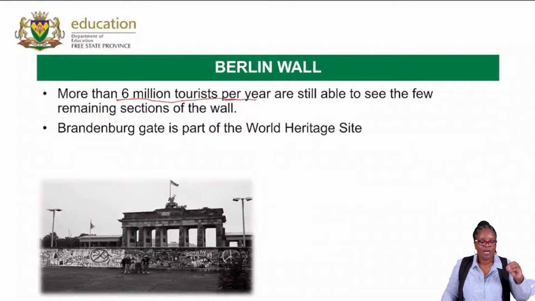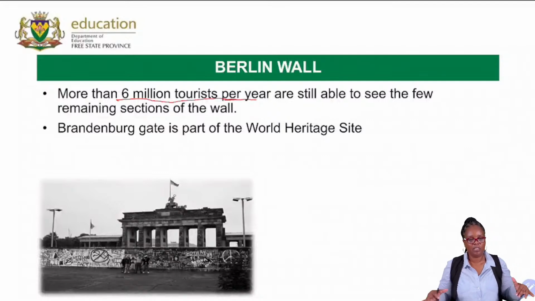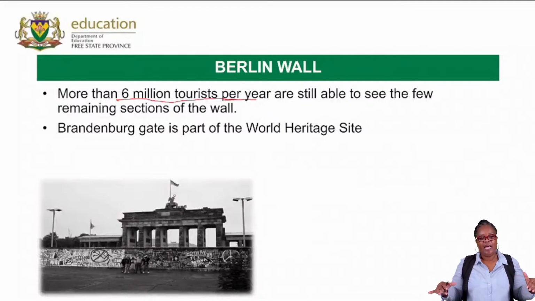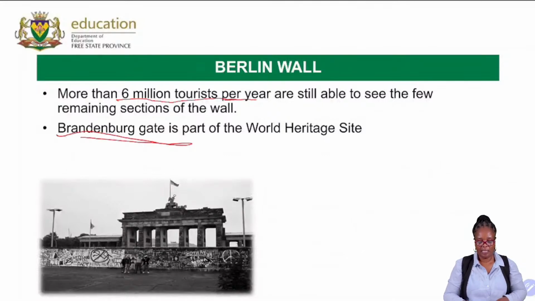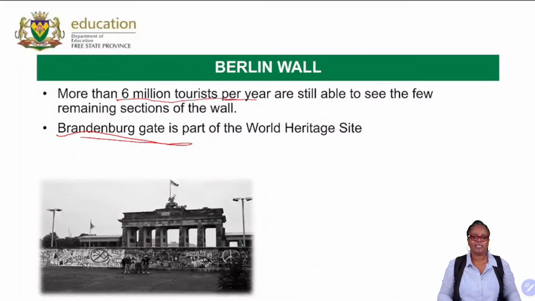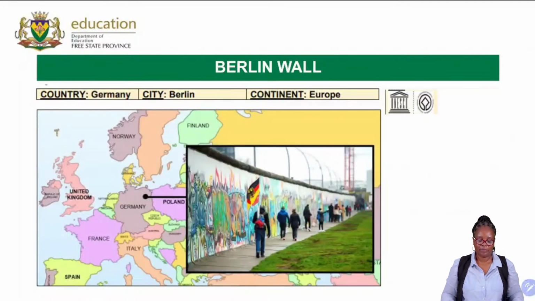And tourists go to that place to look at the remains of this wall. Like I said, the whole wall, remember it was broken down. It is not a World Heritage Site, but the branded back page, it is the one which is the Heritage Site.